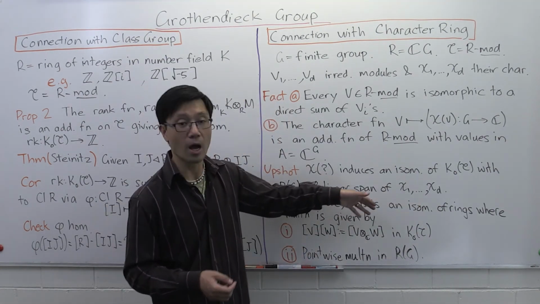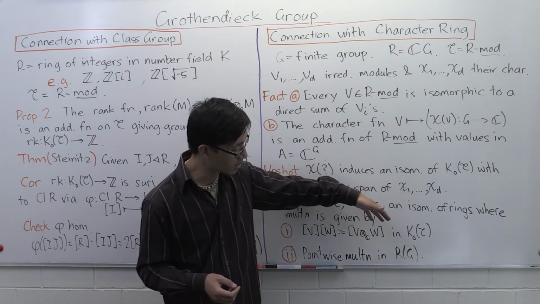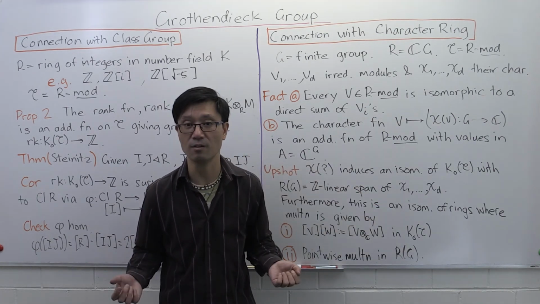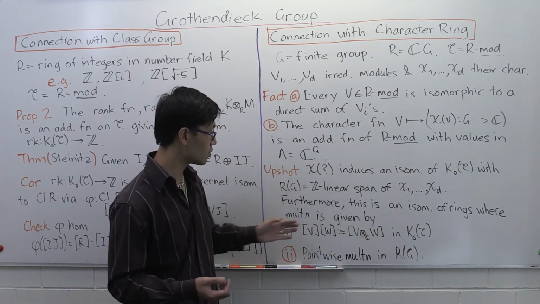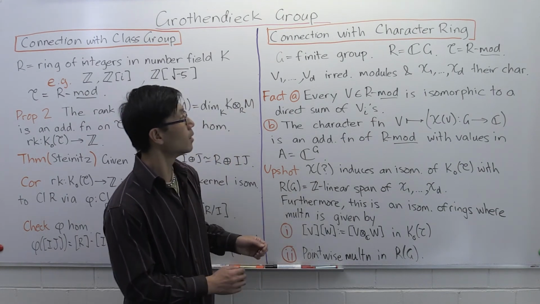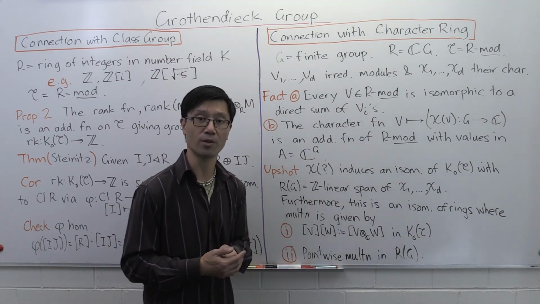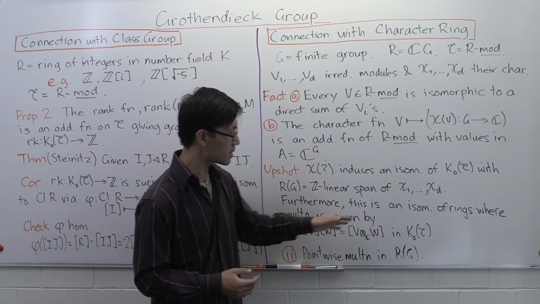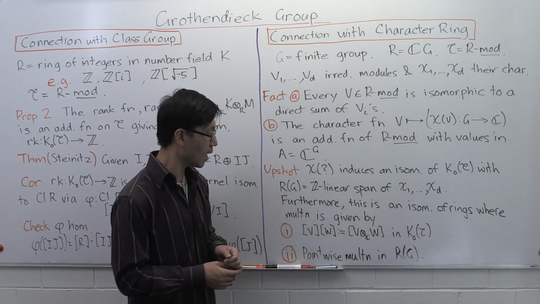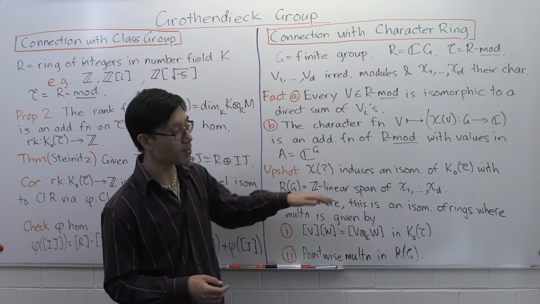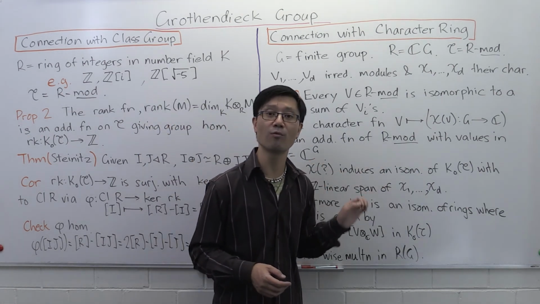For example, associativity here follows from the fact that the tensor product is associative. That gives you that straight away, and you can show that there's also a 1 and so forth. So this is indeed a ring, and this isomorphism that you have is actually an isomorphism of rings.